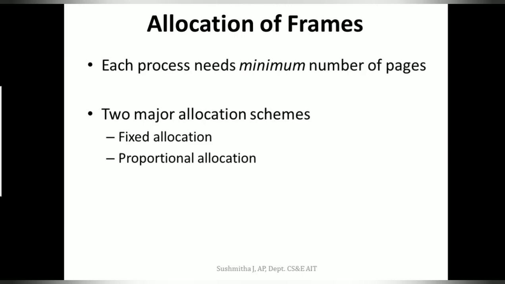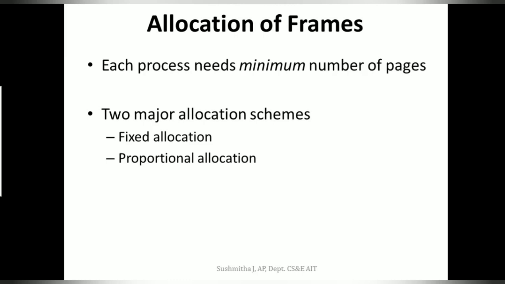Now what is this about frame allocation? If I have a main memory divided into frames, let me say I have around 50 frames in my main memory. Of these 50 frames, how many do I allocate to which process? Should I allocate all the processes an equal share of frames, or is there any technique I could use to decide?